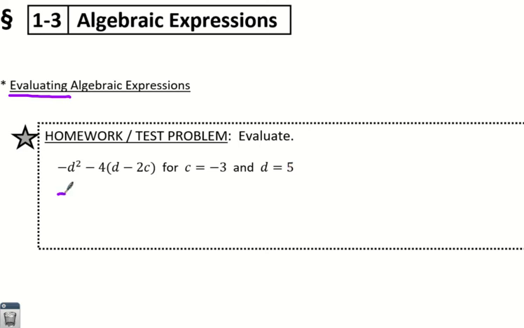So that's the first move. So negative 5 squared minus 4 times 5 minus 2 times negative 3.